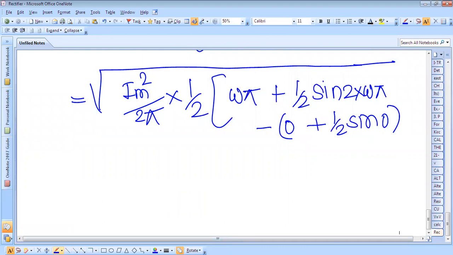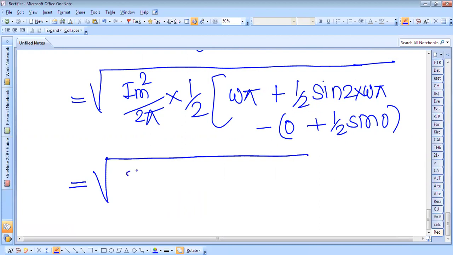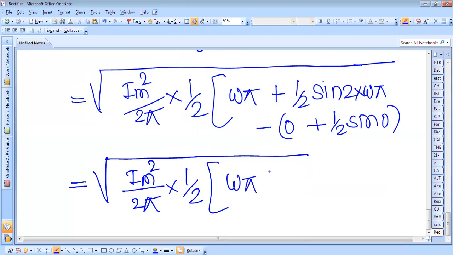Sine of 180 degrees is 0, and sine 0 is also 0.